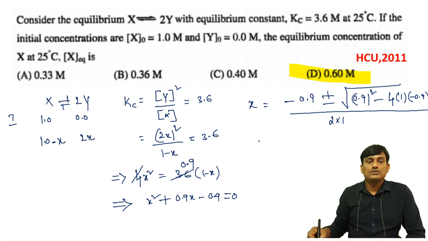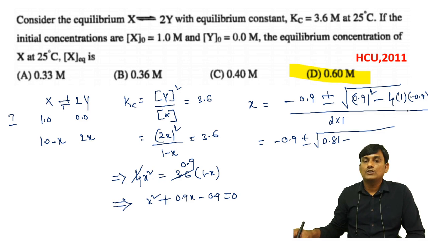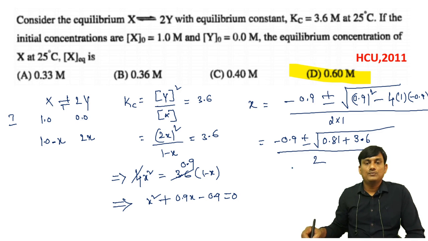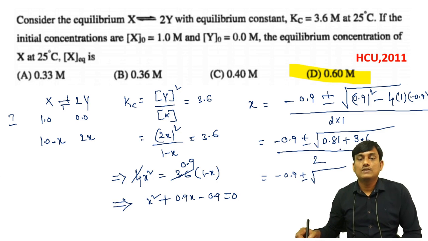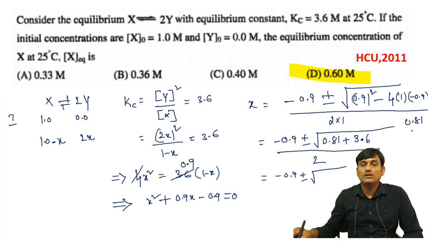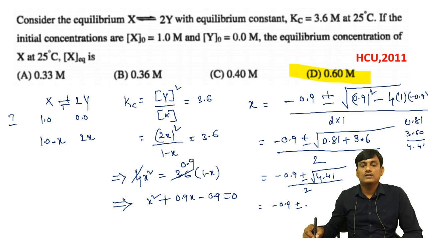So it is minus 0.9 plus or minus root over 0.9 whole square minus 4 into 1 into minus 0.9, divided by 2 into 1. That is 0.81 plus 3.6, which is 4.41. So minus 0.9 plus or minus root over 4.41, which is 2.1, divided by 2.